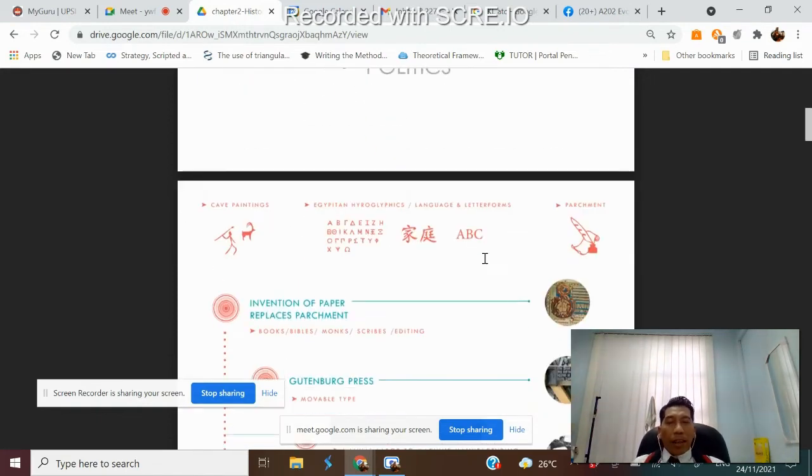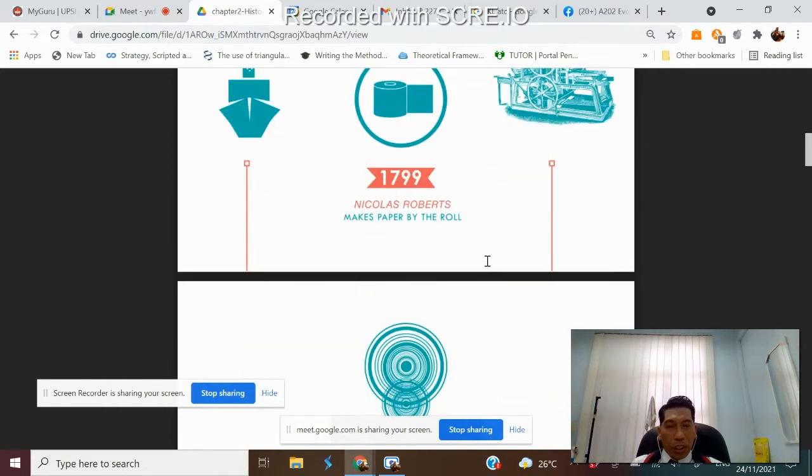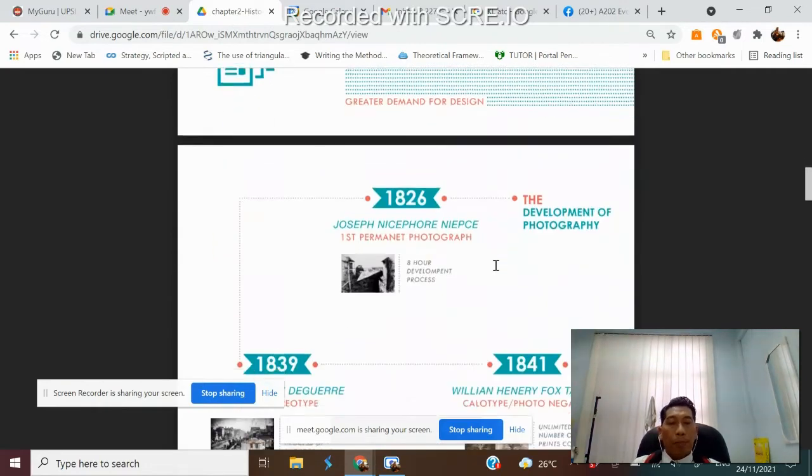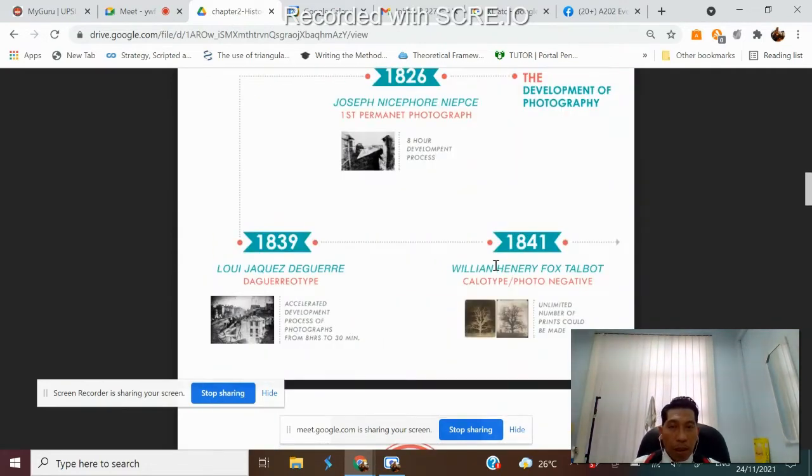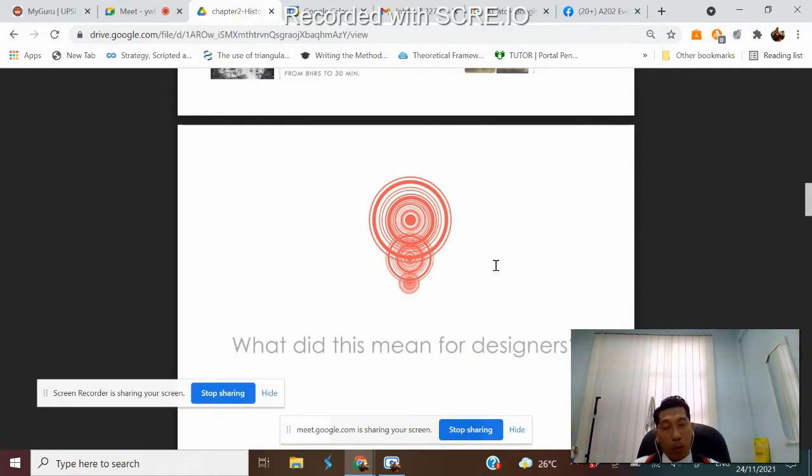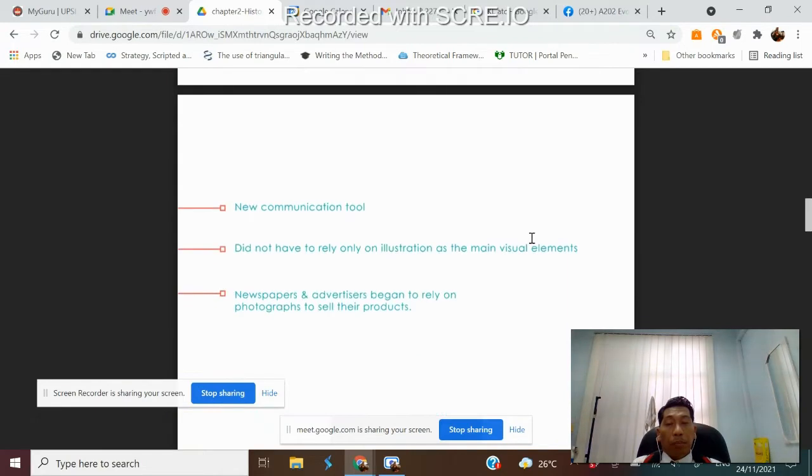So I believe last time we stopped at the explanations on the old printings and the painstaking process of printing a long time ago.